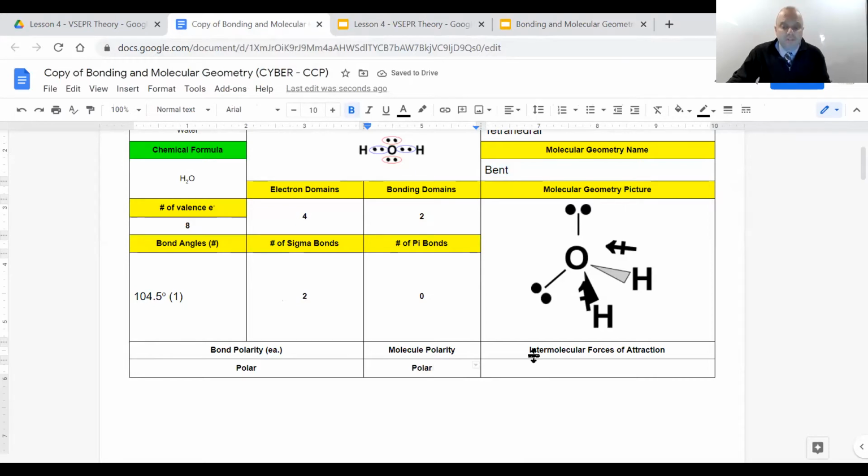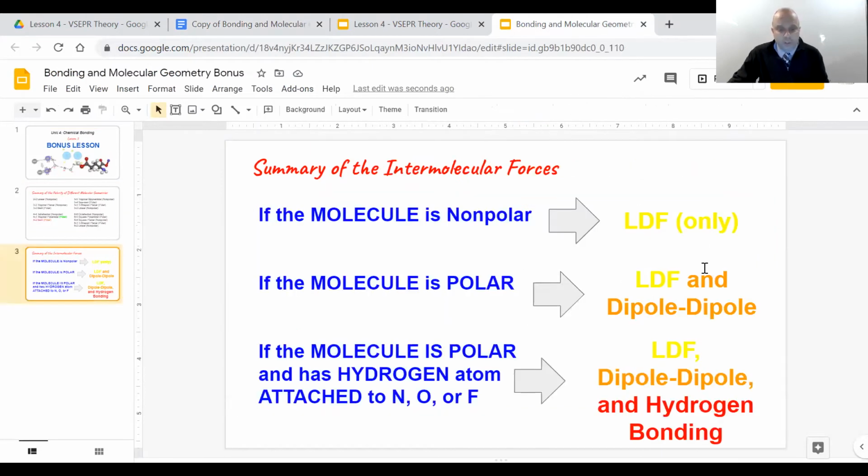The second part of this, the intermolecular forces of attraction, I also created a little cheat sheet for. So what you're going to do is look at this slide, and I'll make these available so that when you take your exam later, you'll be able to use this as well. If the molecule is polar, we have two choices, this one right here or this one right here.